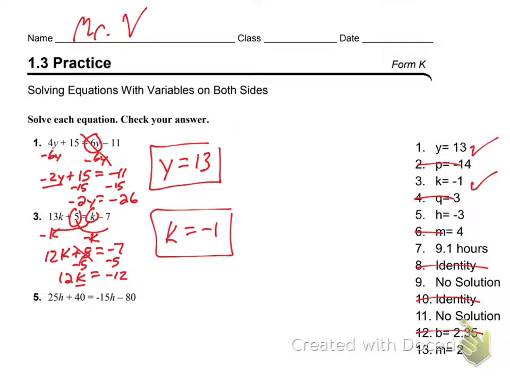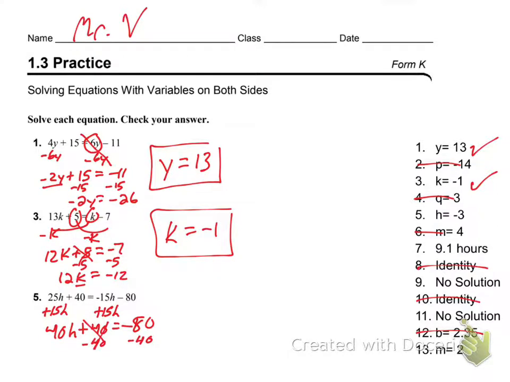All right, same thing. 15h, need to get rid of it. So I'm going to add 15h to both sides. So I'll have 40h plus 40 is equal to negative 80. I'm going to minus 40 on each side.